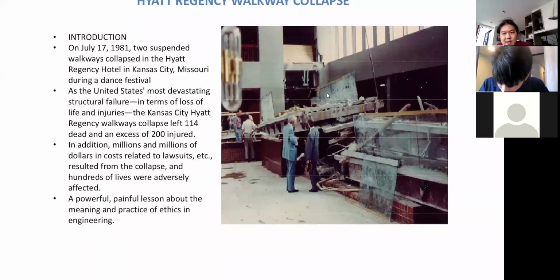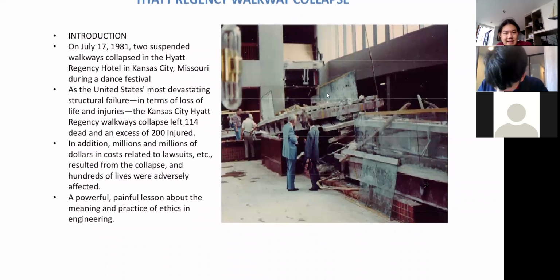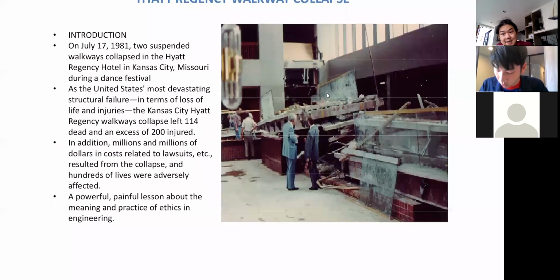If we are not good enough, if we are not careful, bad things can happen to other people. That's why we need to have a license, like I said.